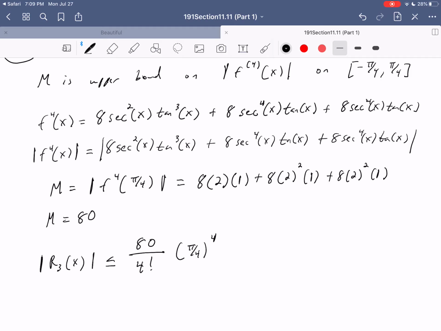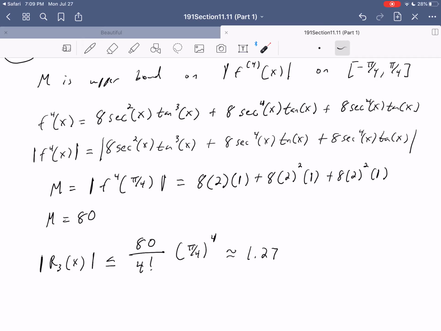So again, this is something that's got to be done on a calculator because of that pi over 4. But if we do that, we'll see that the maximum error is about 1.27. So the maximum error when doing an approximation anywhere from negative pi over 4 to pi over 4 is going to be capped by 1.27.